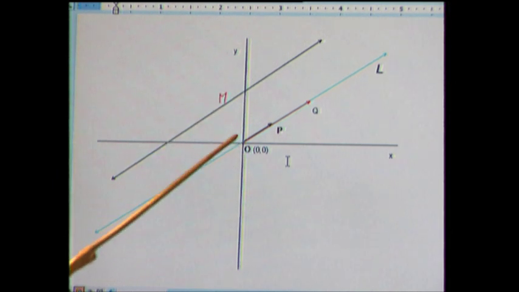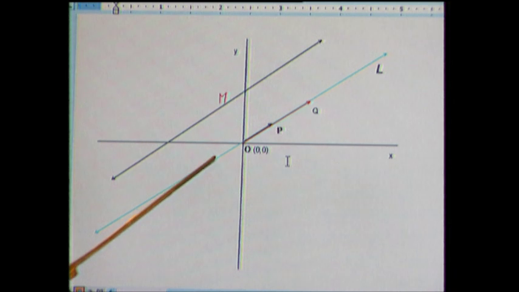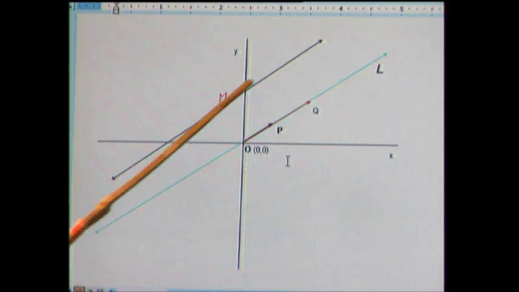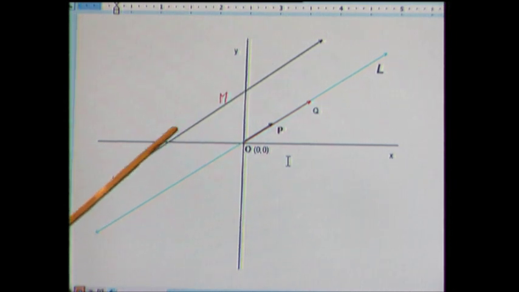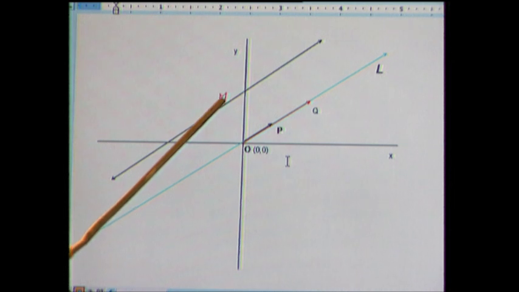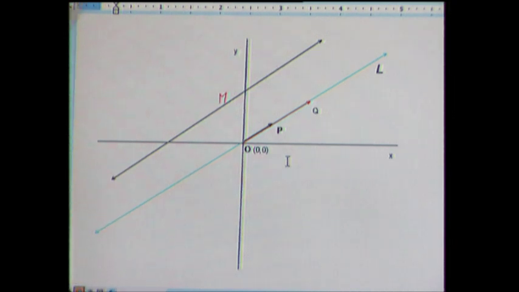Therefore, any line passing through the origin forms a vector subspace of R2. If you look at this line M, which is not passing through the origin, you can see that it does not have the 0 element. No point on the line M has position vector as 0 vector. Therefore, this line M is not a vector subspace of the whole space R2.